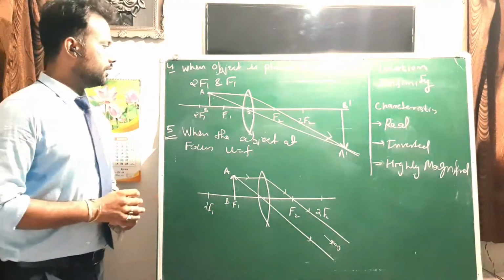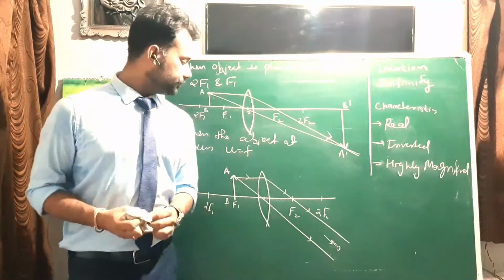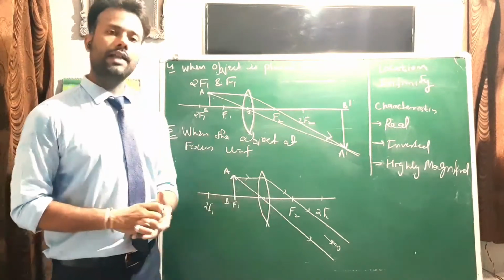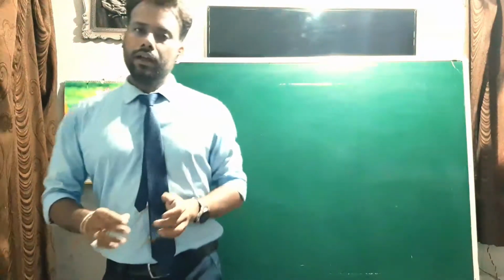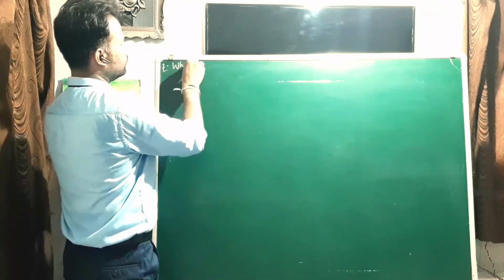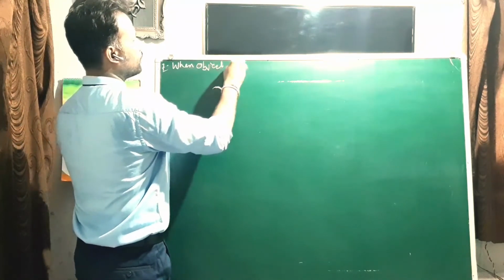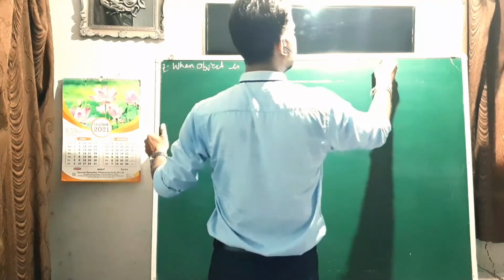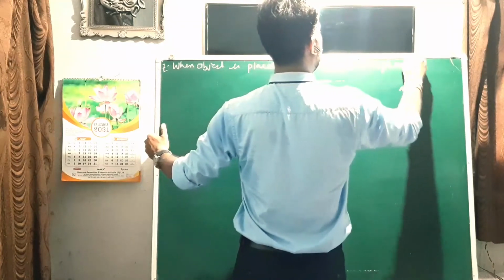Only the last case remains, which is: what if the object is in between the optical center and the focus? What will happen? Let's see. The last case for convex lens is the seventh, I think, when the object is placed between focus and optical center.